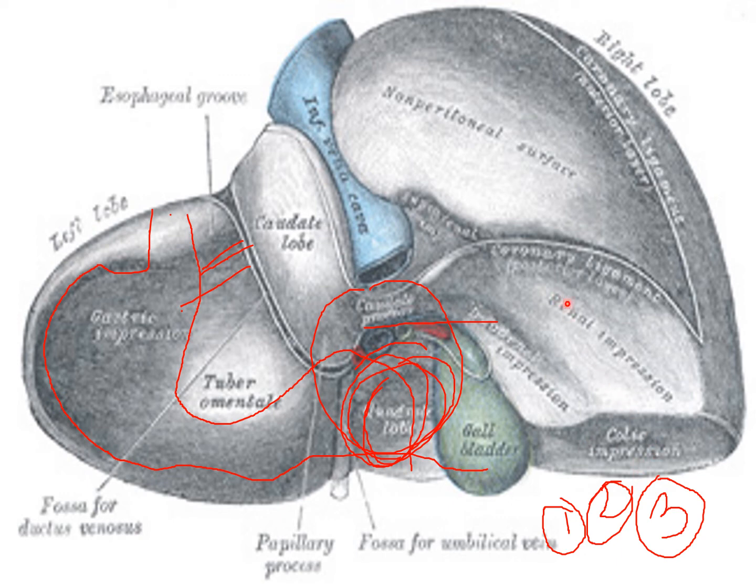Also you can see here a renal impression for the right kidney, where the right kidney lies, and this is a duodenal impression, which is for the second part of the duodenum. This is not for the first part of the duodenum. The first part is always related to the quadrate lobe, and this second part of the duodenum creates a duodenal impression on this side.